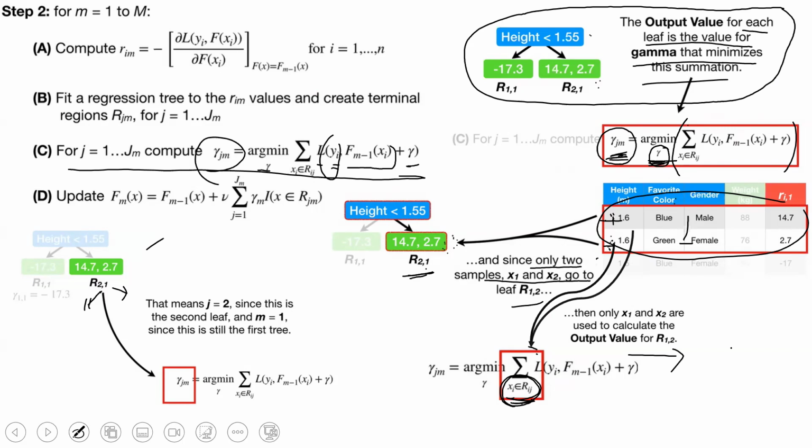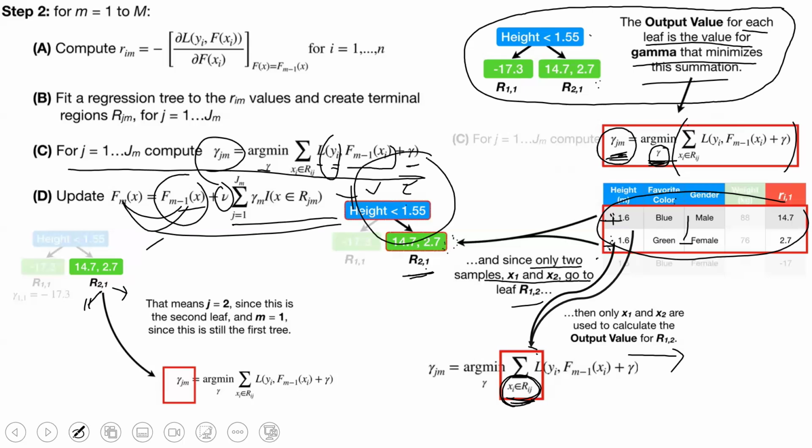Then you find the gamma value, which is the arg min over gamma of the summation of the loss function. Finally, you update the model with the initial prediction plus the next tree's prediction multiplied by the learning rate. So it keeps on moving like this. The next step, f of m, would be f of m minus 1 plus v times the summation of the new tree.